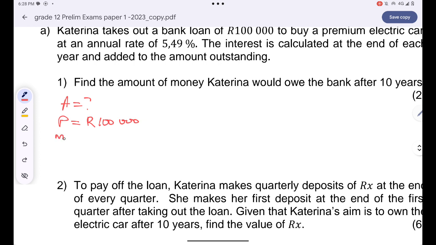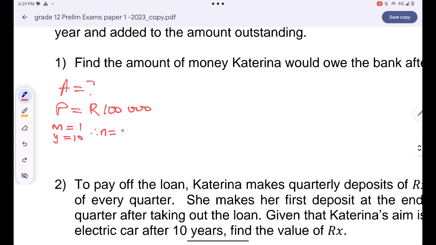That means the number of compoundings, I just have 1. The number of years, I have 10. That means the number of times interest is to be calculated is equal to 10, because I'll be multiplying the number of compoundings and the number of years, 1 times 10, which is just equal to 10.